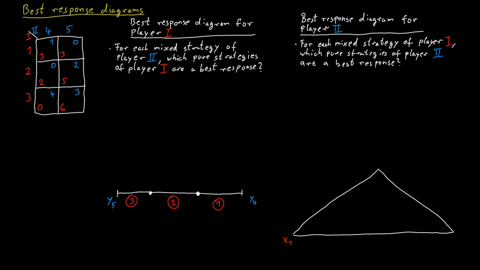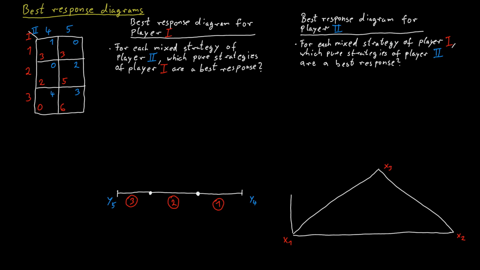And in the lower right corner, strategy 2 is played with a probability of 1. And then in the corner at the top, strategy 3 would be played with a probability of 1. And then the points in the triangle are some mixtures of those pure strategies.